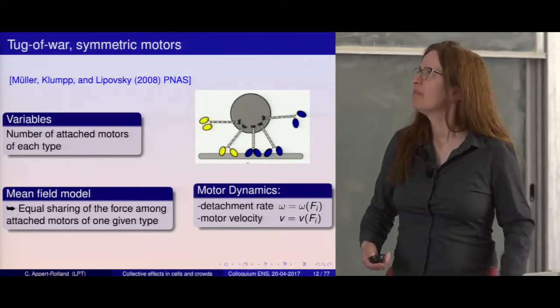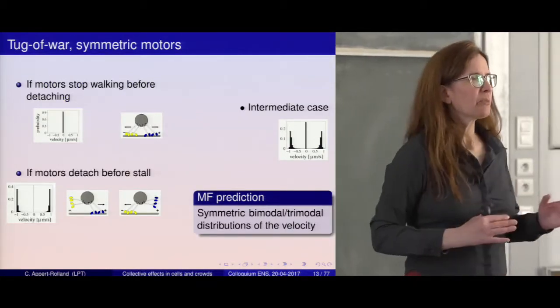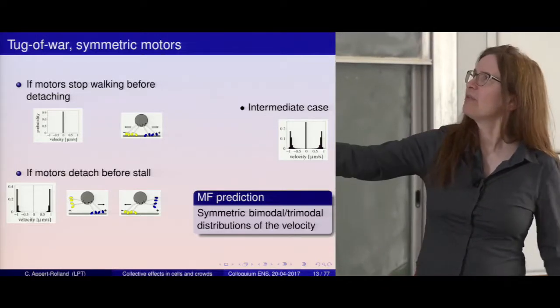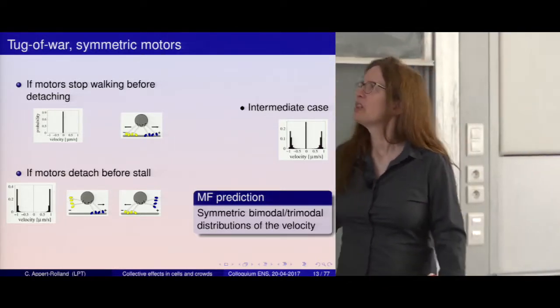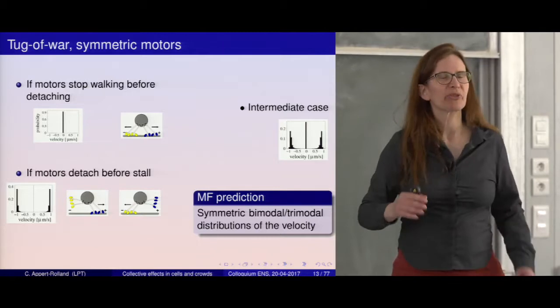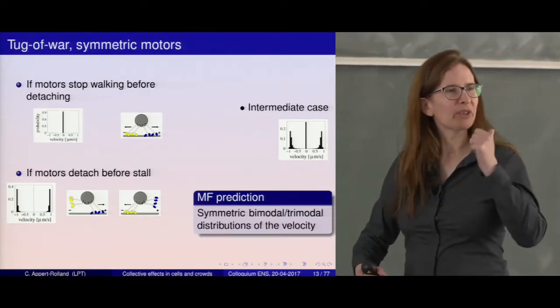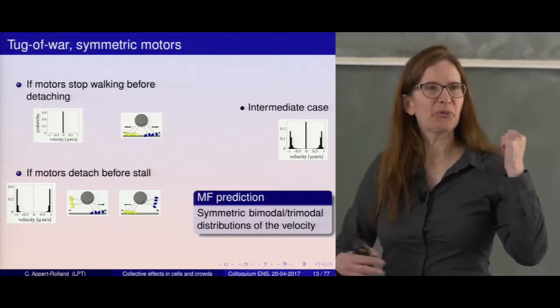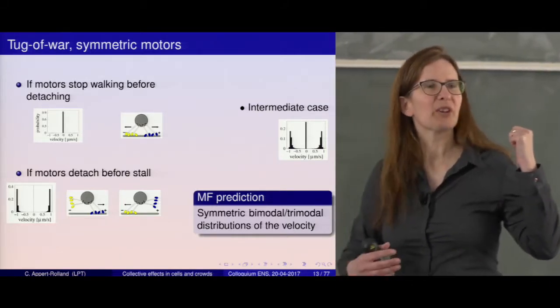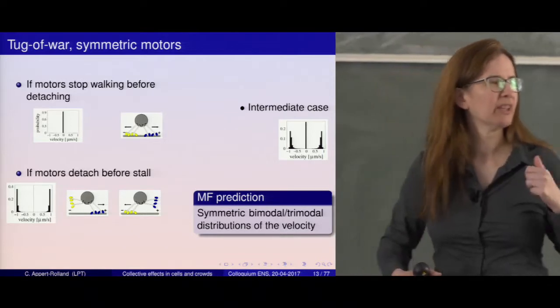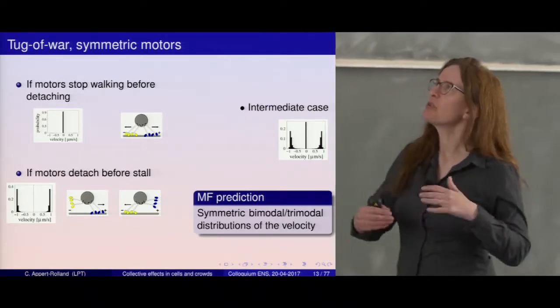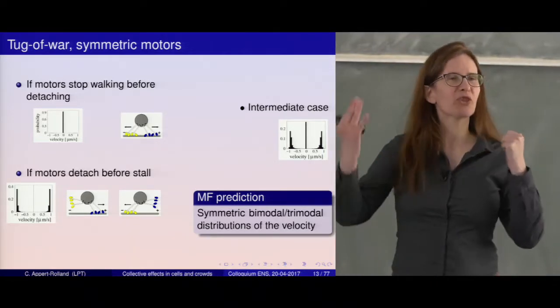If you do this, you find two types of behavior. If the motors stop walking before detaching, because, I should say, when the motor walks, if you have a force pulling backwards above a certain force called the stall force, it will stop. It cannot move forward. And also, if you pull stronger, you detach more.